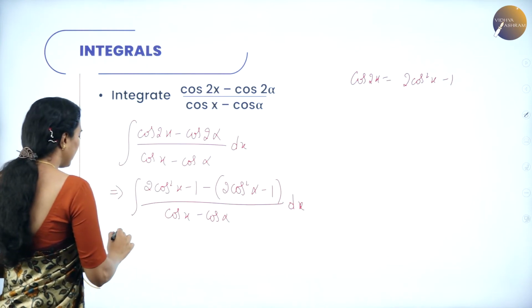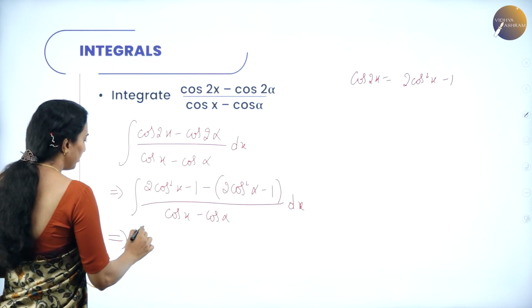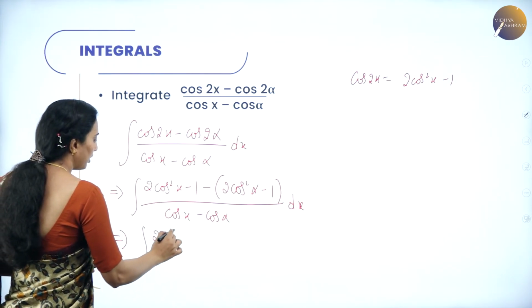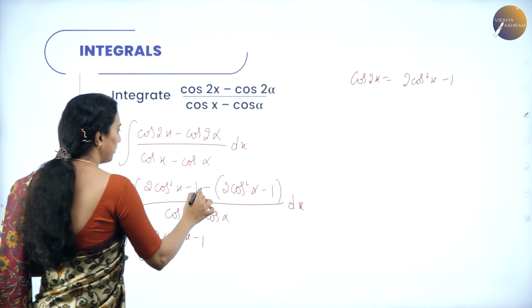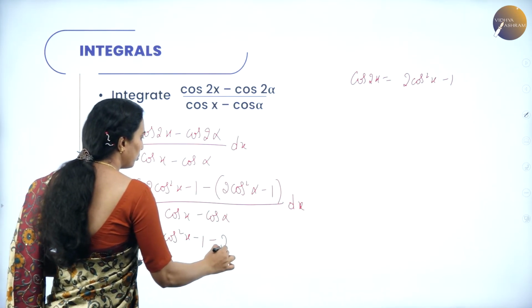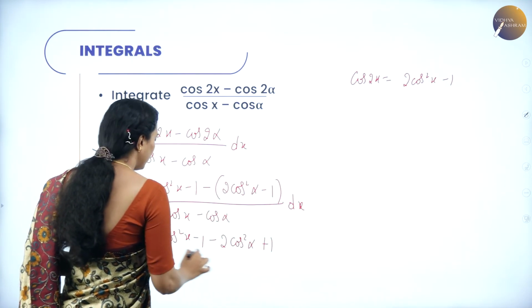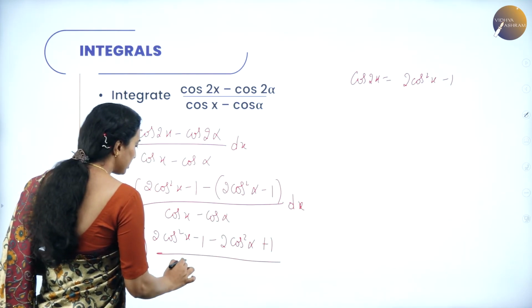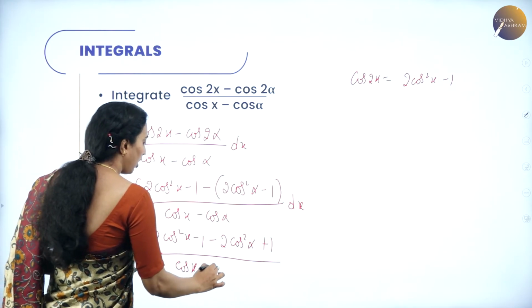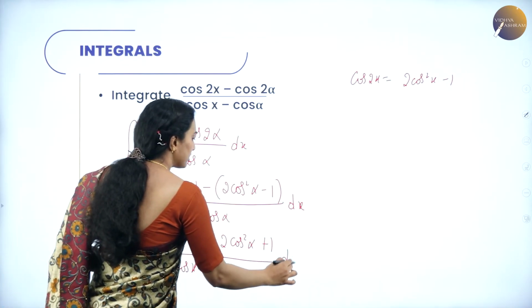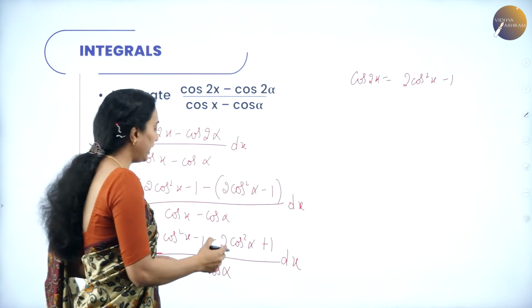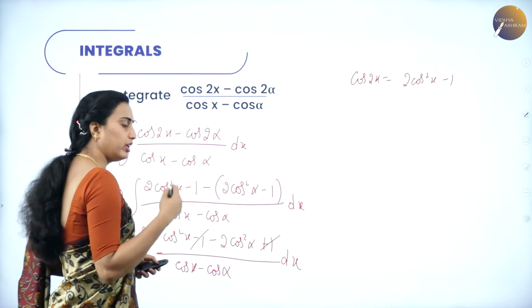Now here you can have in the numerator 2 cos squared x minus 1, multiply minus inside, minus 2 cos squared alpha, minus into minus plus 1, divided by cos x minus cos alpha into dx. Dear students, you can observe in the numerator plus 1 minus 1 will get cancelled.